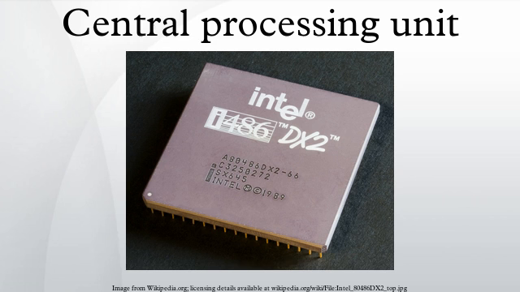For example, a clock signal is subject to the delays of any other electrical signal. Higher clock rates in increasingly complex CPUs make it more difficult to keep the clock signal in phase throughout the entire unit. This has led many modern CPUs to require multiple identical clock signals to be provided to avoid delaying a single signal significantly enough to cause the CPU to malfunction.